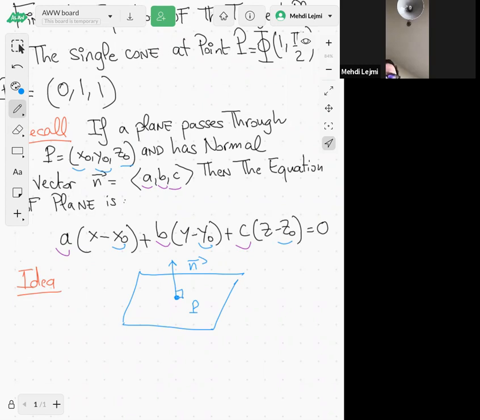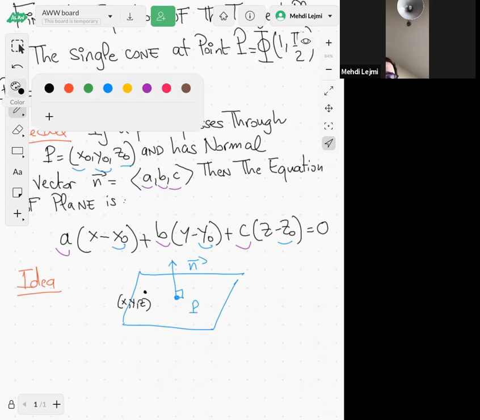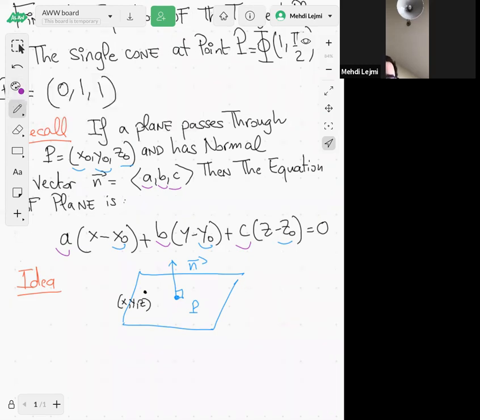Now, if you take a random point which belongs to the plane, let's say the point x, y, z, then the vector going from P to x, y, z lies on the plane, because both points belong to the plane.